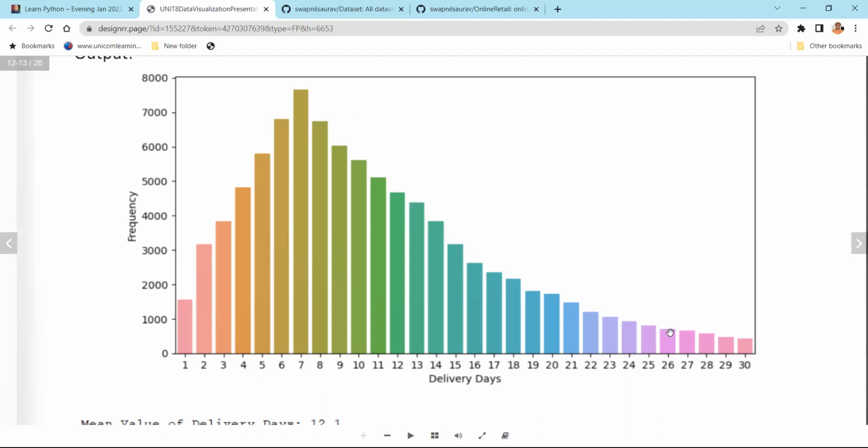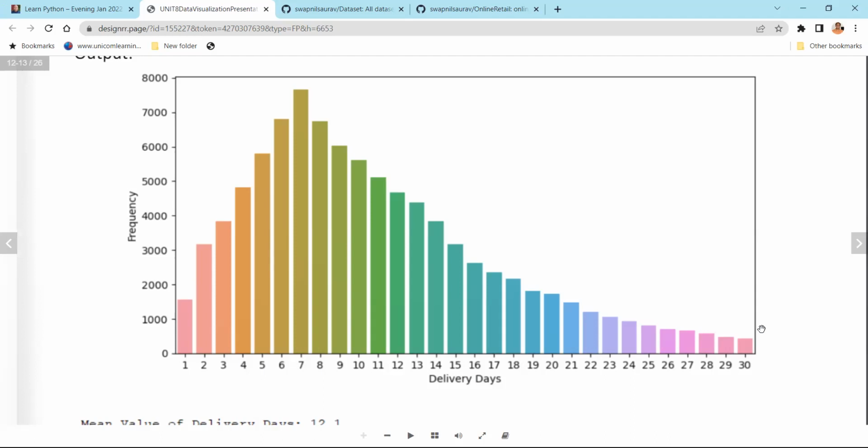And when you see this, in such a case you want it to have a long tail on this side. You want most of the products to be delivered in a shorter number of days than a longer number of days. Yes, some products, maybe because of some error, might take longer. Let's say you're importing from China, it will take time.